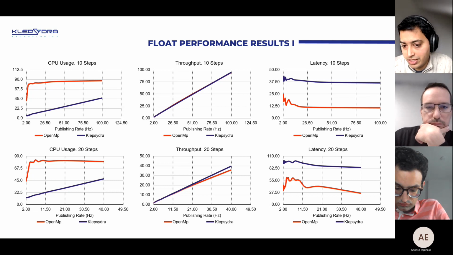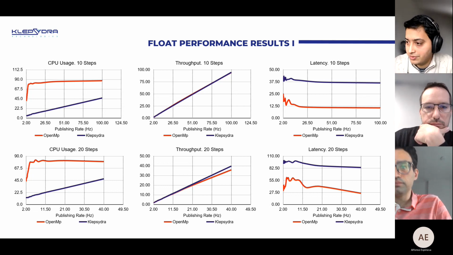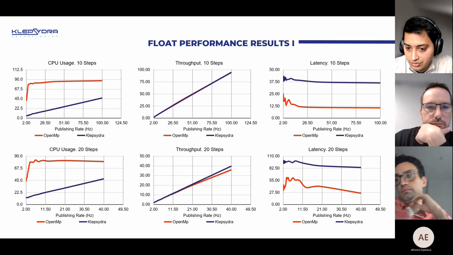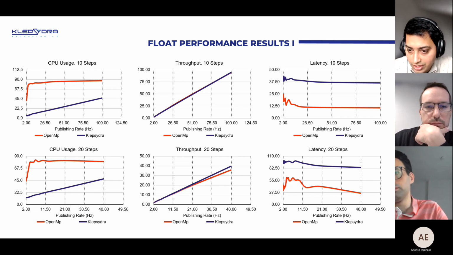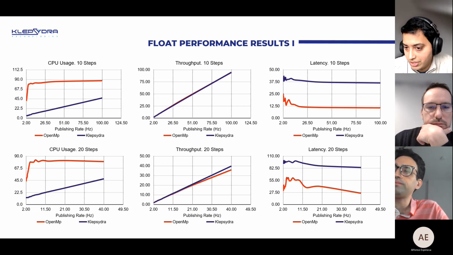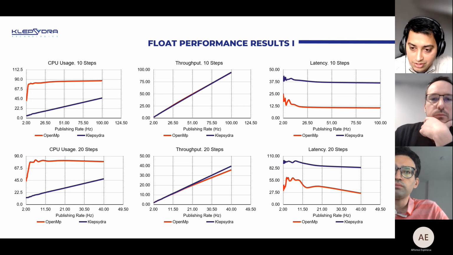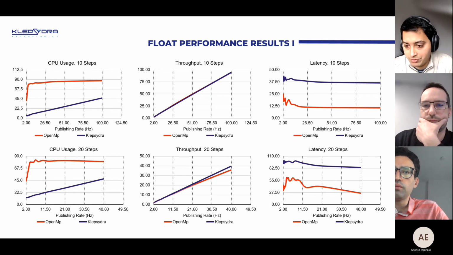And the throughput is the rate at which you get the output, basically. At smaller steps, you don't see so much difference with the throughput. And you see that latency is slightly higher with Klepsydra, but there are ways to optimize this also.